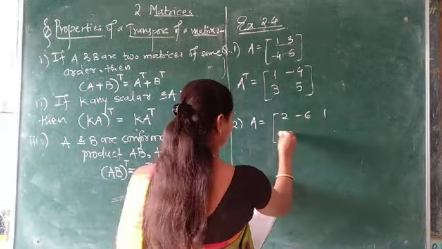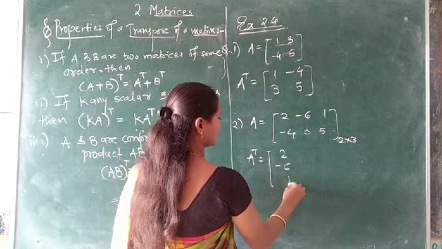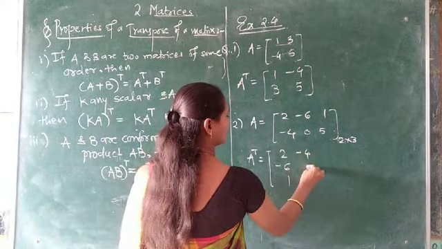Then what is the transpose? If the matrix is of order 2 by 3, then the order of A transpose is 3 by 2. The first row becomes the first column. This is the transpose of our second matrix.